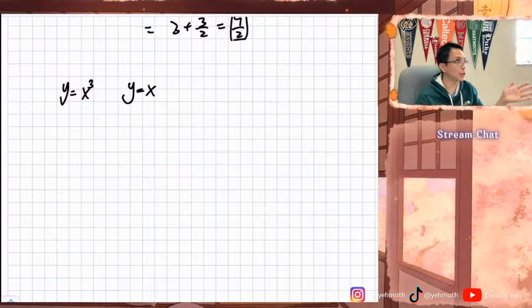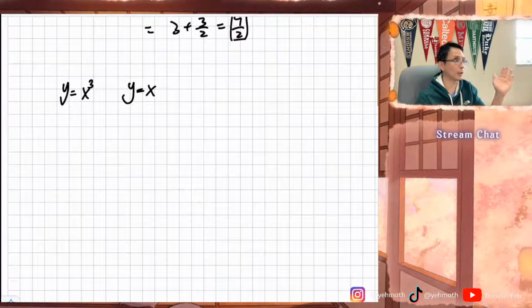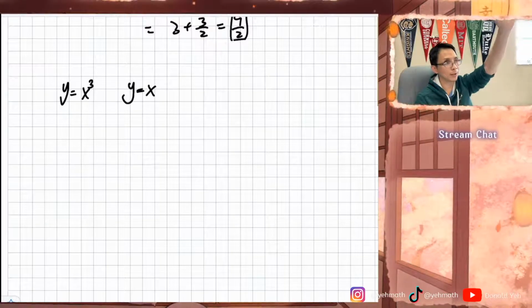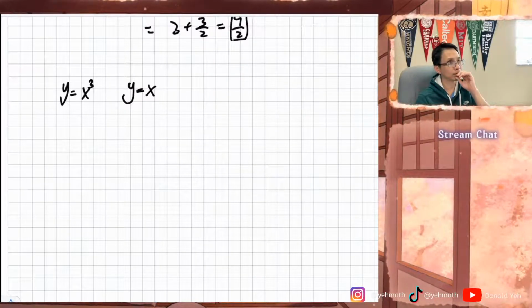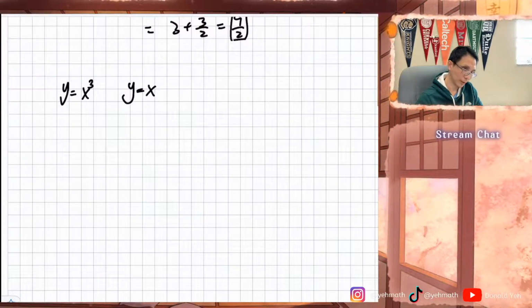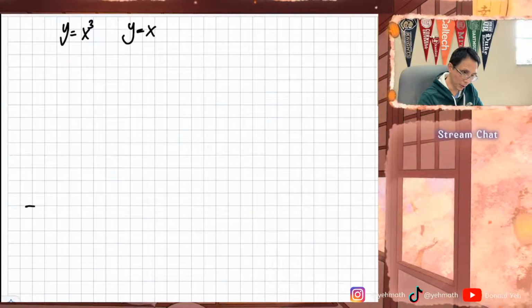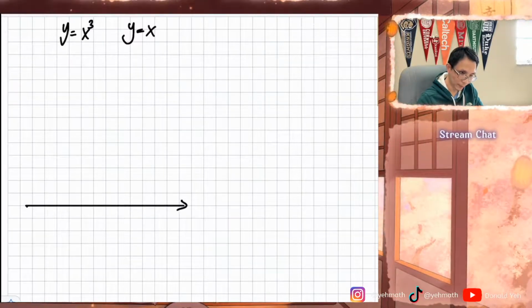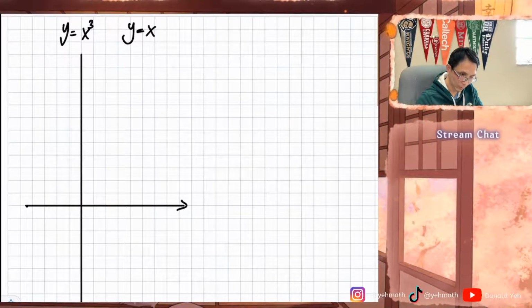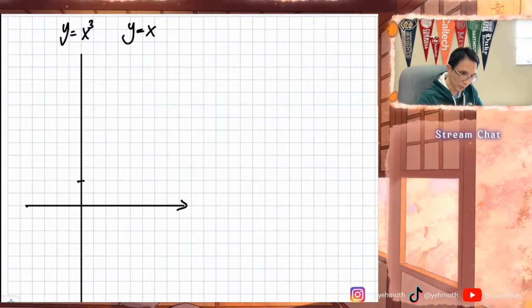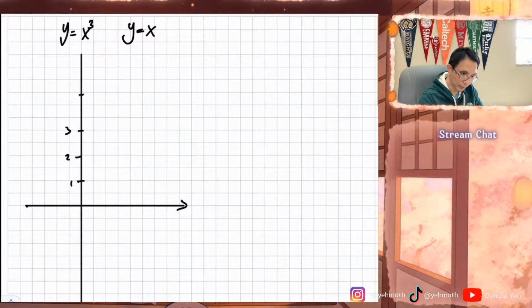Now, you guys don't know how to graph x cubed. X cubed kind of looks like a waterfall. I'm going to draw a longer scale on it: 1, 2, 3, 4.